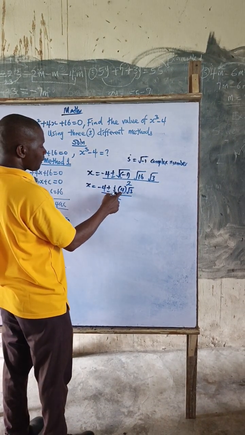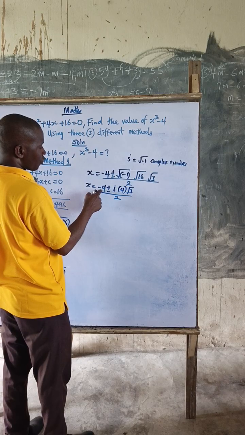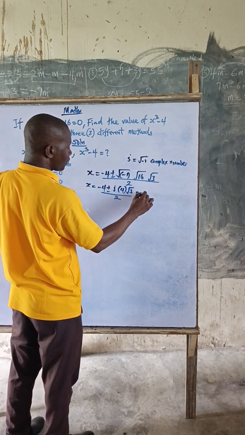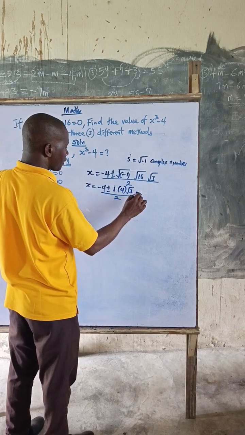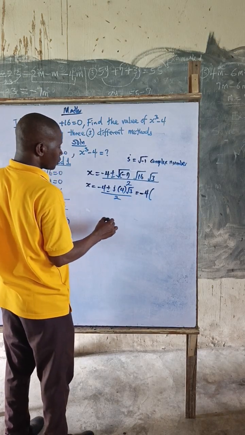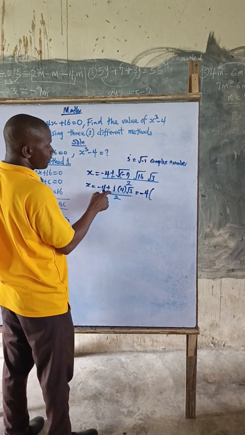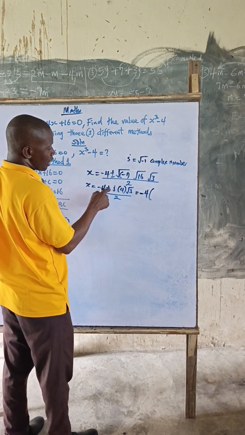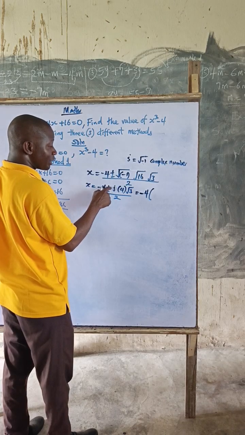Now this 4 is a common factor. You can factorize 4 out, taking minus 4 out. The sign here will remain negative, and the plus or minus sign will remain plus or minus.